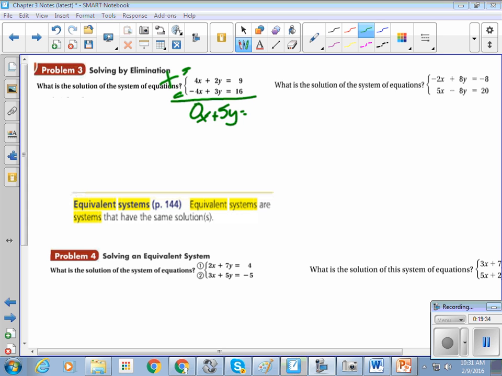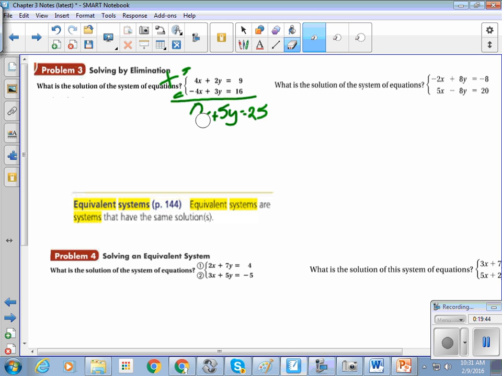And 9 plus 16 is 25. I am not going to write down the 0x because that just equals 0, and anything plus 0 is just itself. This is the addition property of 0. Okay.